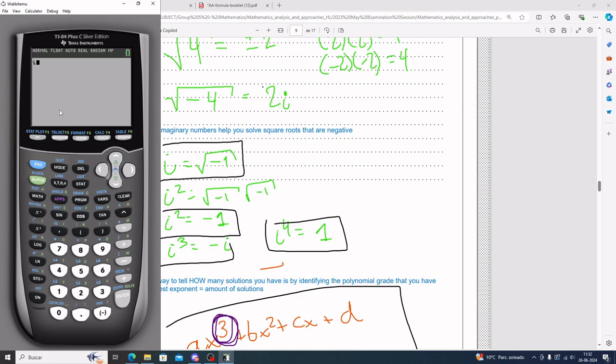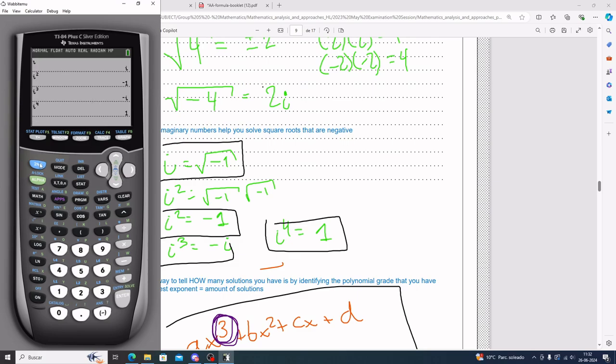So if you put i into your calculator, I know this exercise doesn't allow calculators, I'm just showing you how i works. So i by itself just gives you i. i squared gives you that -1 I was talking about. i cubed gives you that -i. And i to the power of 4 gives you that 1.